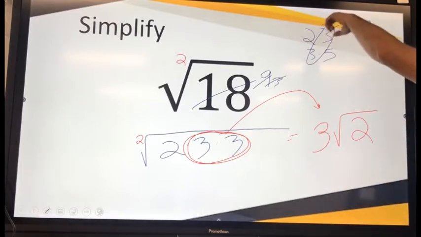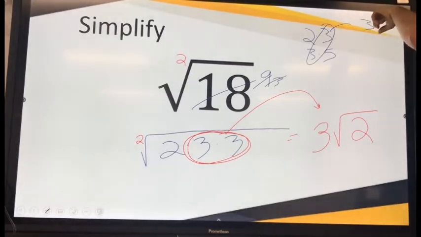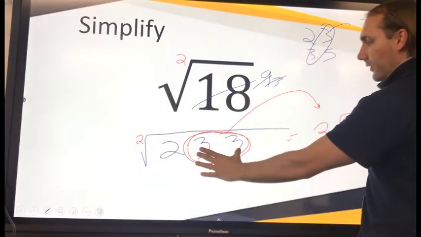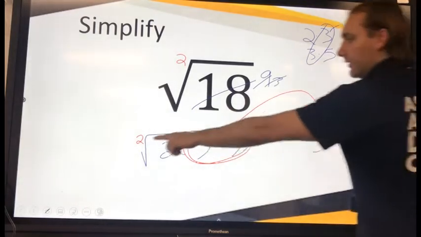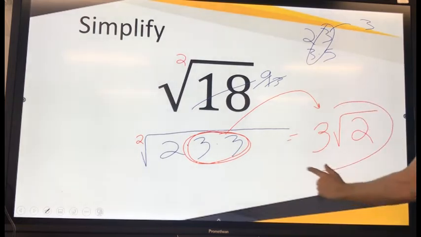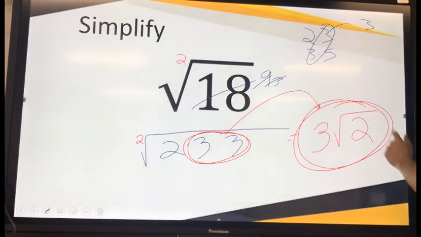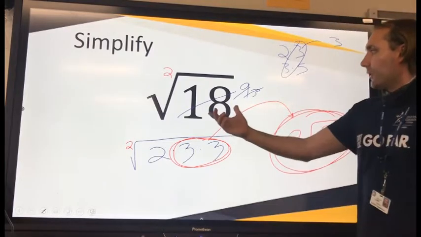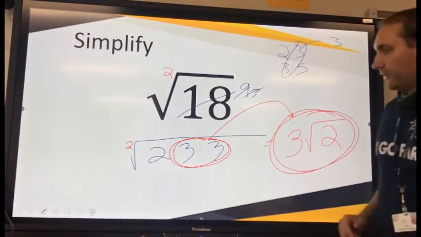Likewise with the GCF, I circled 2 3s, but I didn't say the GCF was 9 or 6. It's just a 3. In this case, a 3 is what I had a set of 2 of. So I'm going to take out a 3, and then I'm done. That's the answer? Yeah, 3 times square root of 2. So we found that square root of 18 simplifies to 3 times square root of 2.